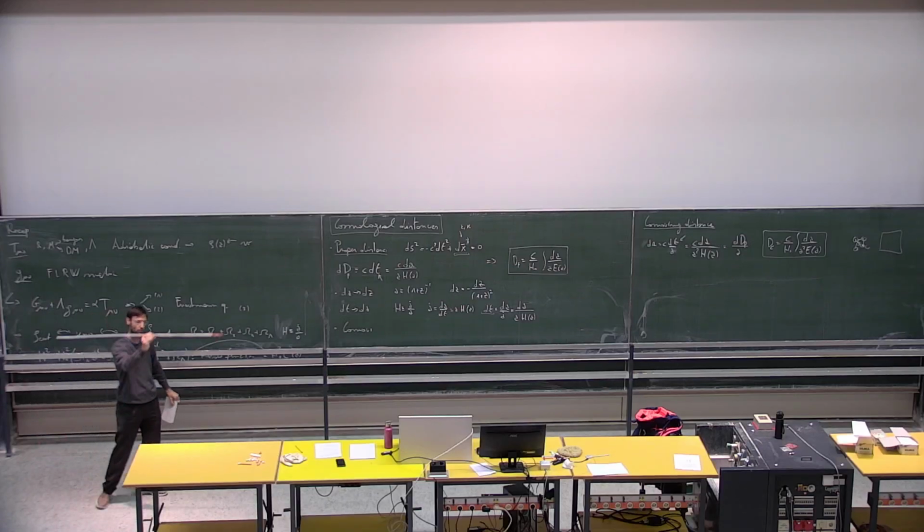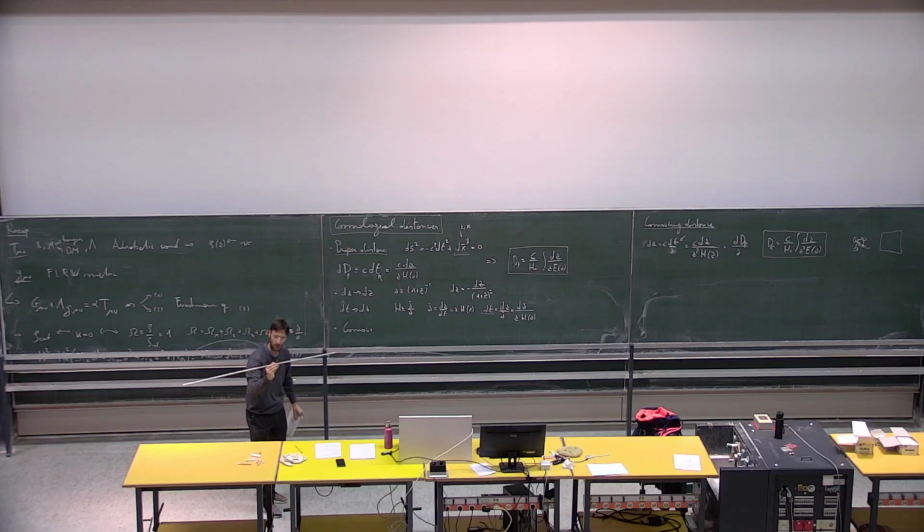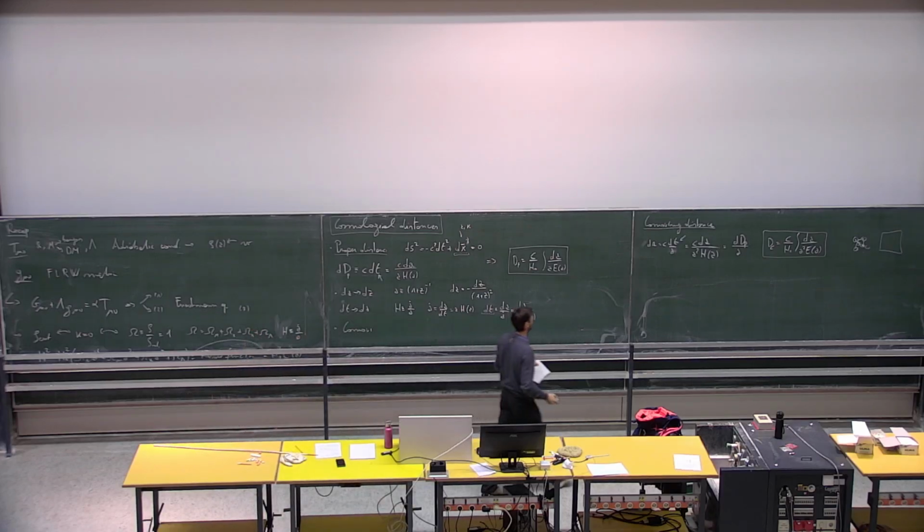Therefore, if we have a physical ruler, a standard ruler, a physical object for which we know the size, and there are such things out there, then we are able to determine the distance between this object and yourself. And when we do this sort of measurement, we speak about angular diameter distance.